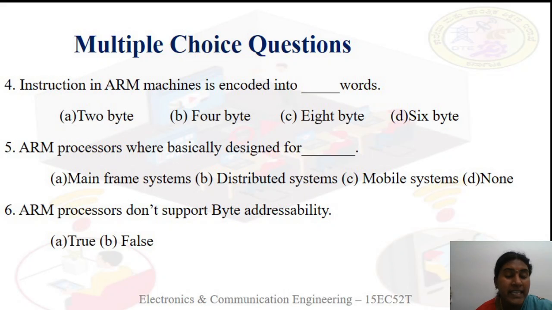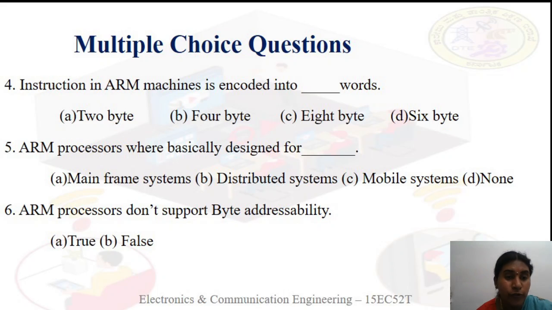The next one, instructions in ARM machines are encoded into dash words. Dear students, I told you ARM is a 32-bit processor, right? The instructions and registers, whatever is there, are also 32-bit. 32-bit means it can be divided into 4 bytes. You know, 4 into 8 means 32.